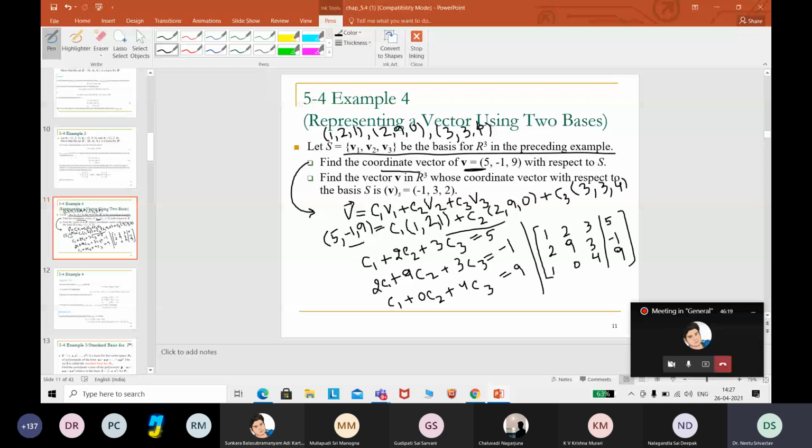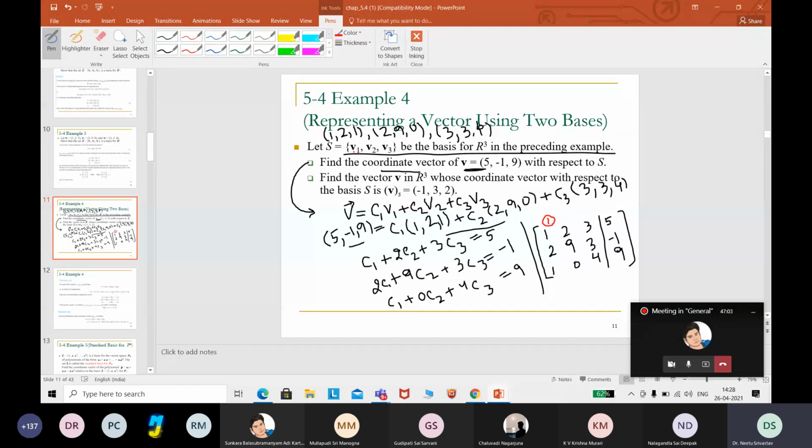You have to find the values of C1, C2, C3. Implement your Gauss elimination method and get the values quickly. Solve the system of equations quickly. Are you people doing it or not? Doing it now. Okay. So this is the first bit.